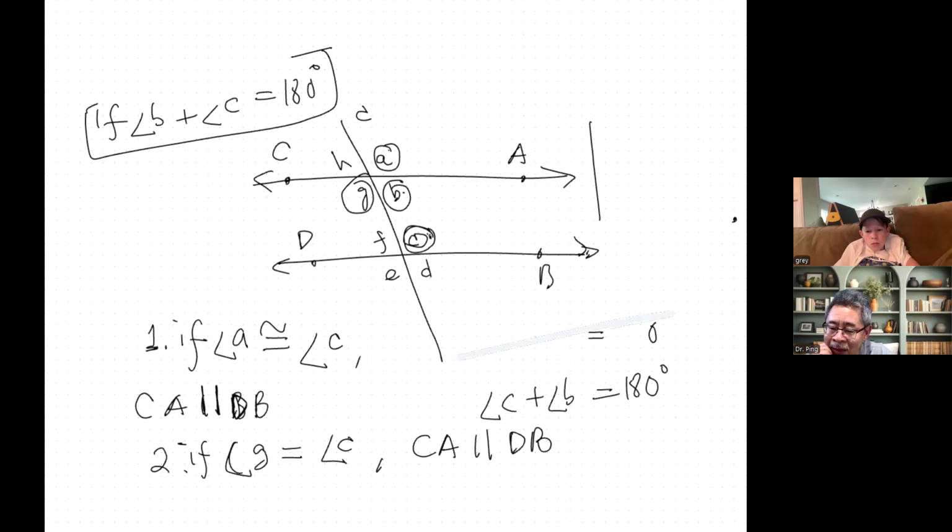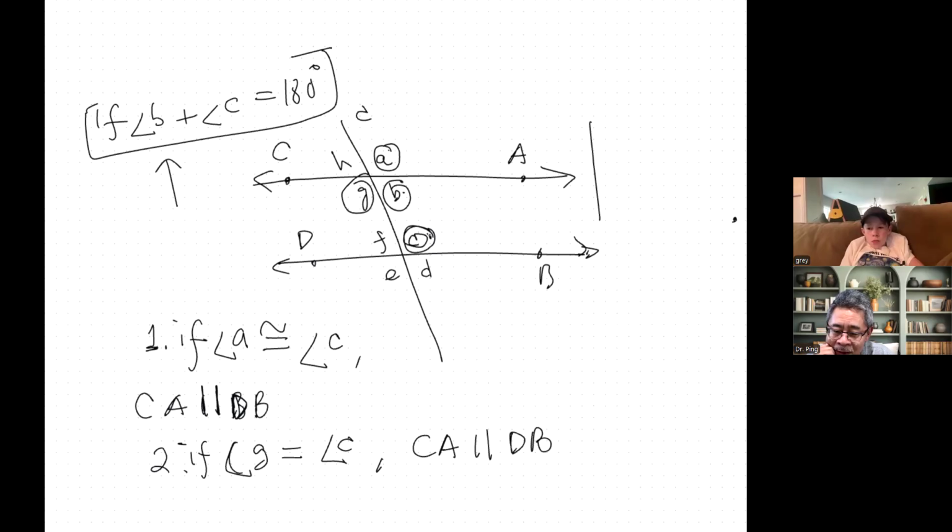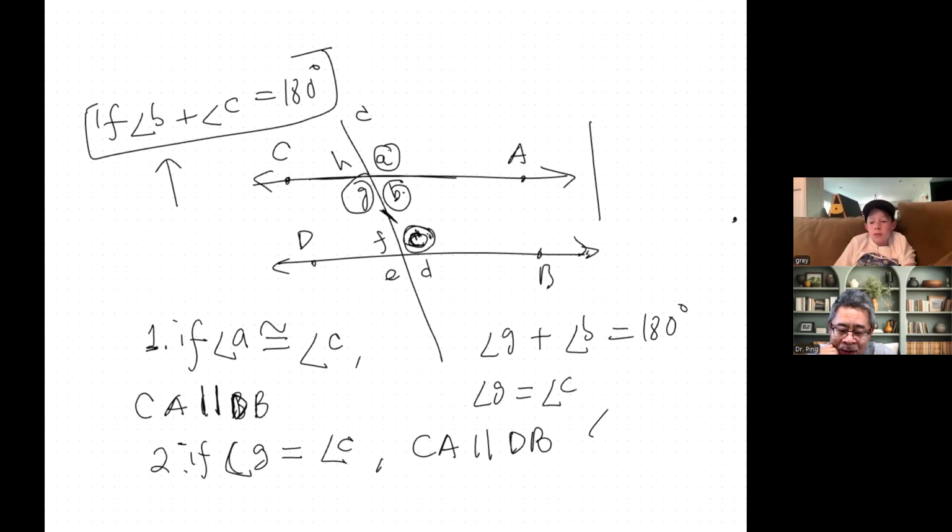Remember, we just need to go back to here: if B plus C is 180, then those two lines are parallel. So if G is equal to C, we can see that angle G plus angle B is 180, because they are on the same line. So if angle G is equal to angle C, then angle C plus angle B is 180. That takes us back to what we started with.